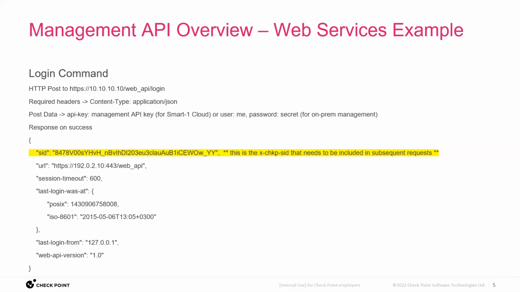Or if you're on-prem, you'll have a username and password, which is what you'll use to send the request to login. On success, this is the important piece that I've highlighted. That is the session ID, which you'll need to include in all subsequent requests with this parameter.